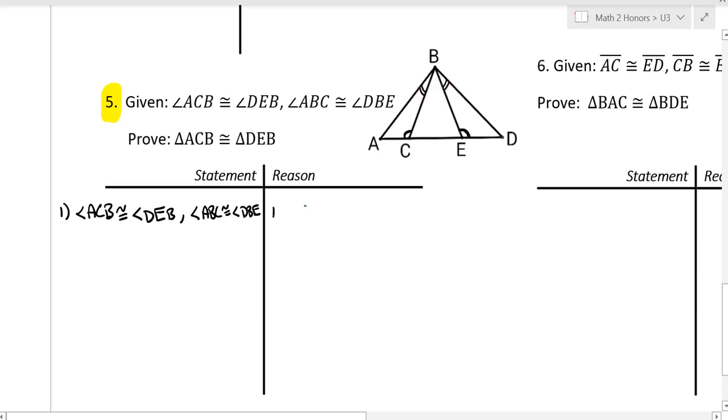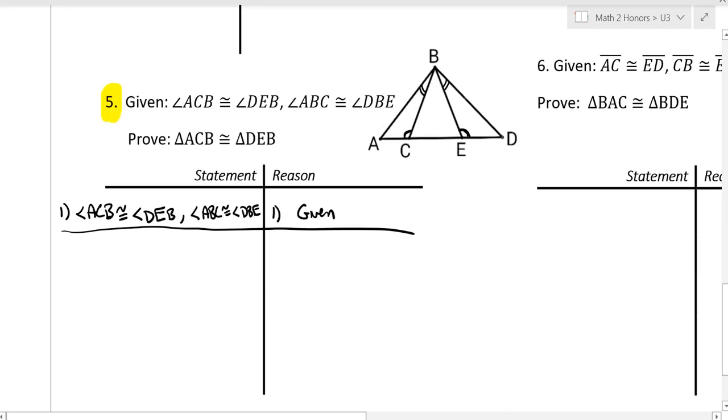And that's what we're given. And we would like to prove that ACB is congruent to DEB. So the small triangle on the left is congruent to the small triangle on the right.